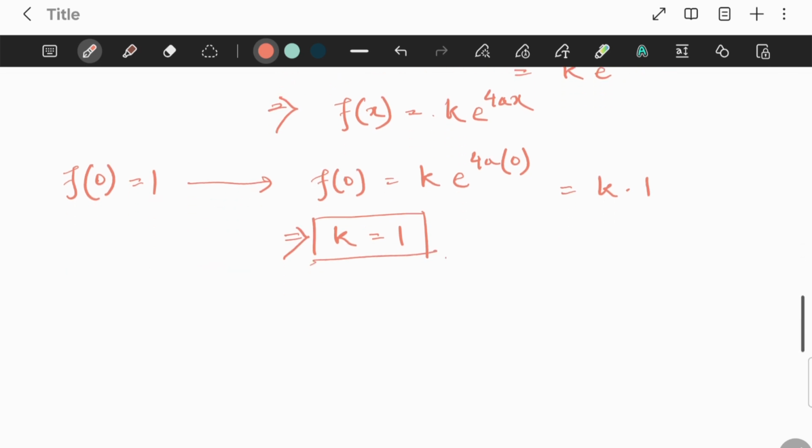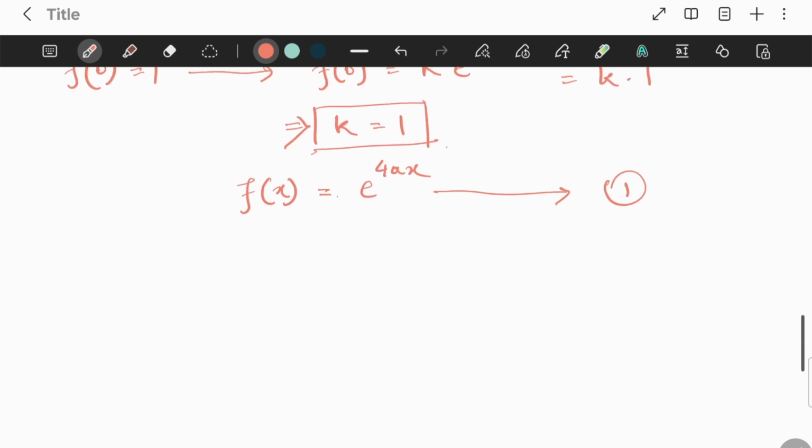So we get the function f(x) equals e to the power 4ax. So this is my first part.